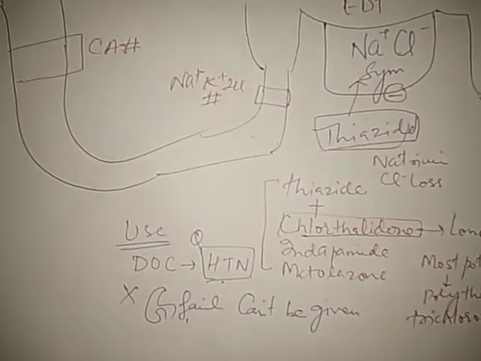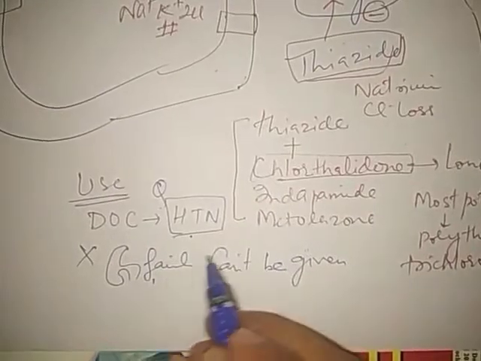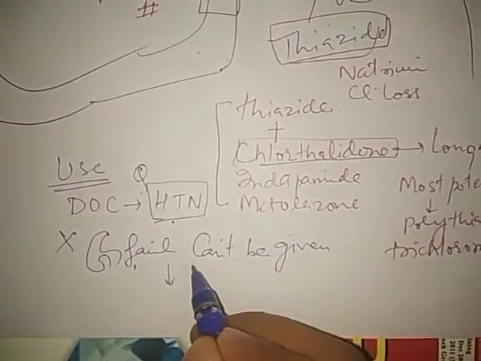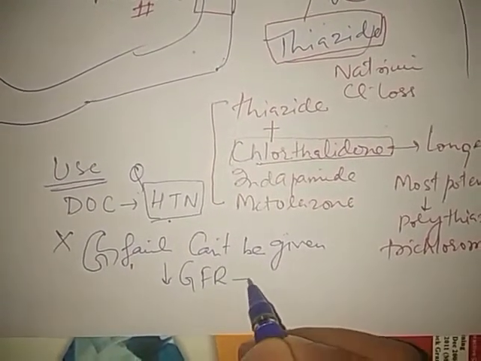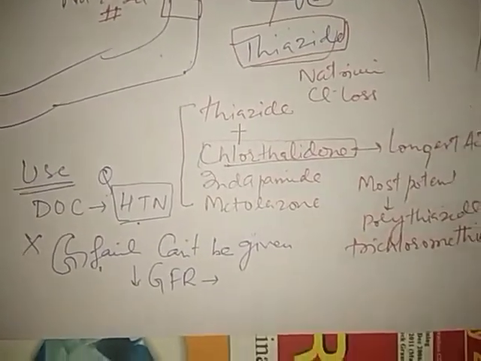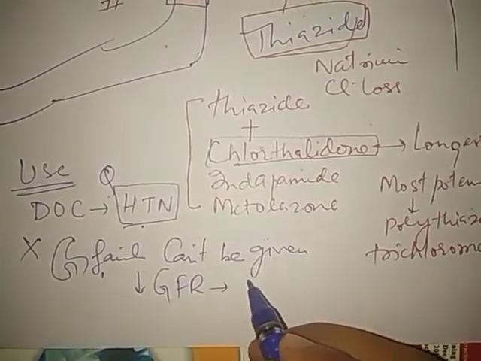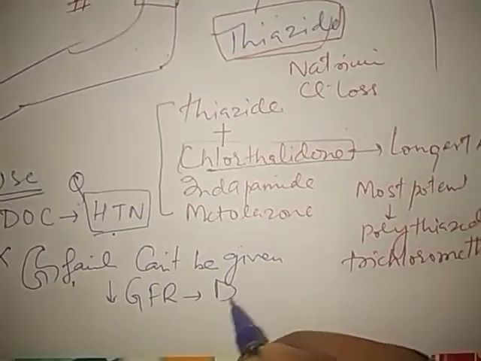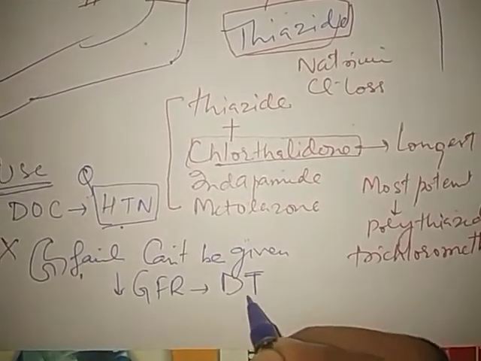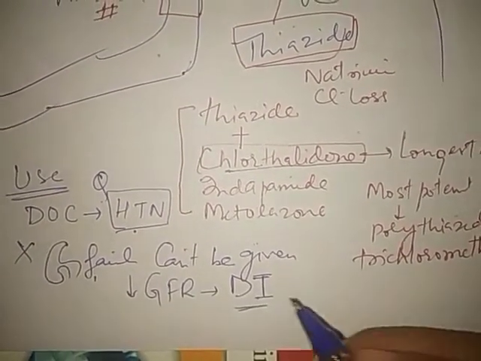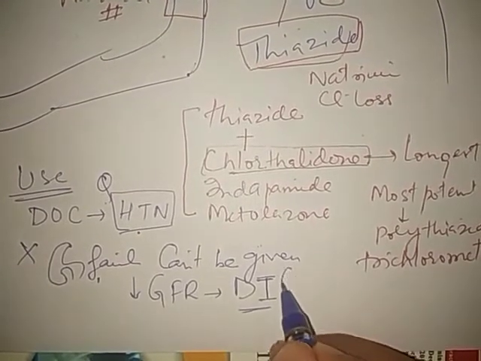Because of this effect, since thiazide diuretics reduce the GFR, they are the drug of choice for diabetes insipidus. They can be given in diabetes insipidus, this thing you have to remember.